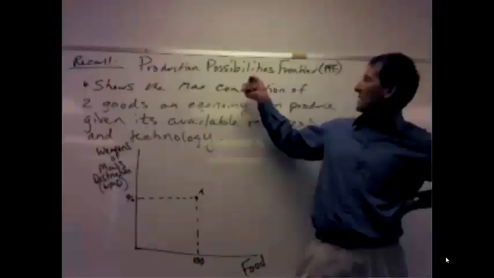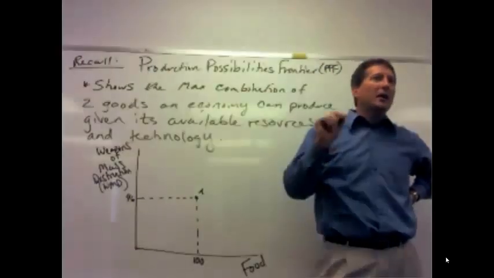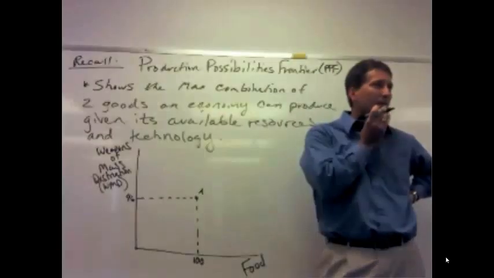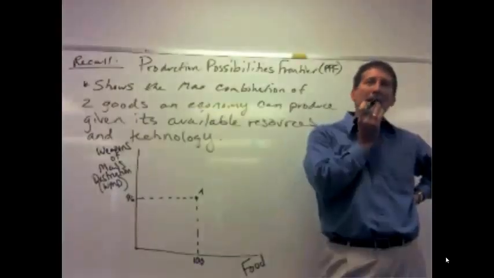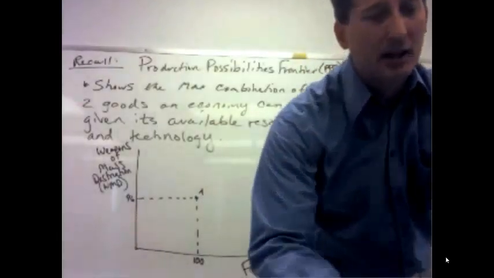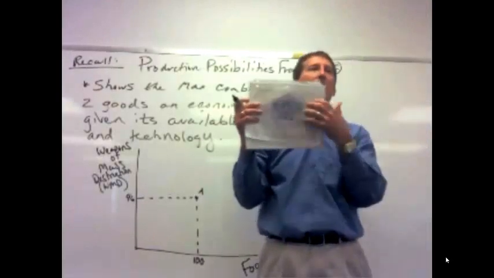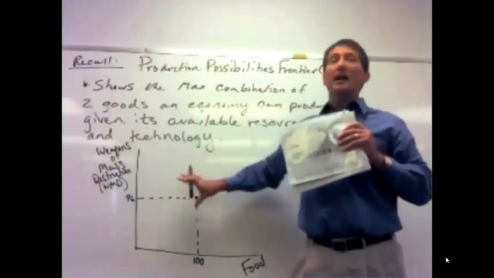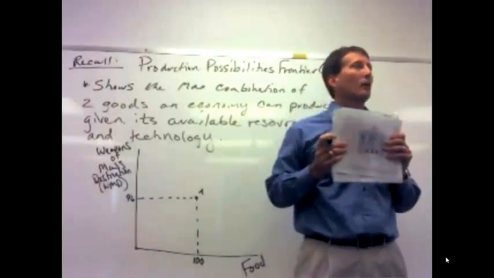That's one possible combination. How do I know if that point is efficient? What makes that point efficient from society's use of the scarce resources of land, labor, capital, and entrepreneurship?